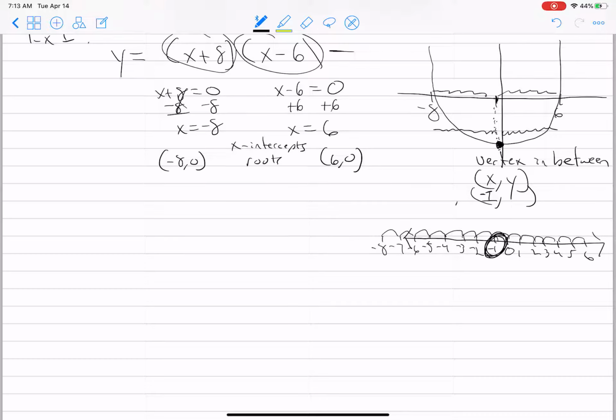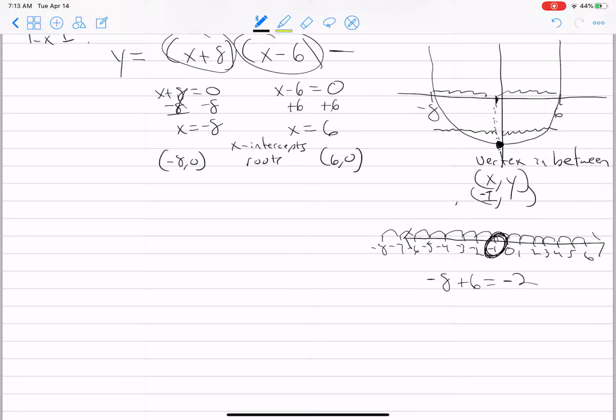But I also can find the average between -8 and 6. I can average those out, basically, is what you're doing. Find the median. So I could also do -8 plus 6, which is -2.